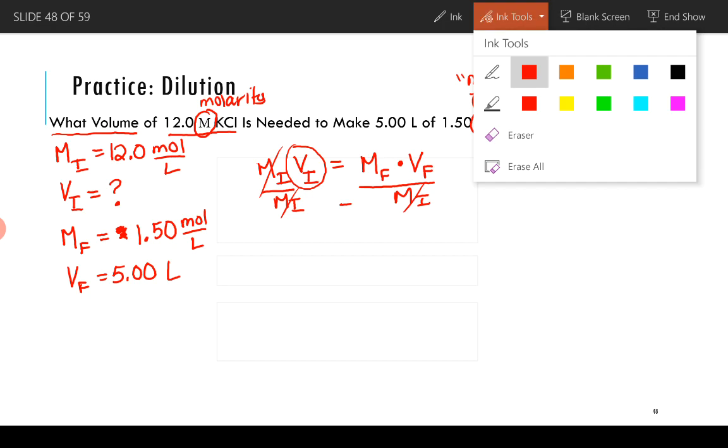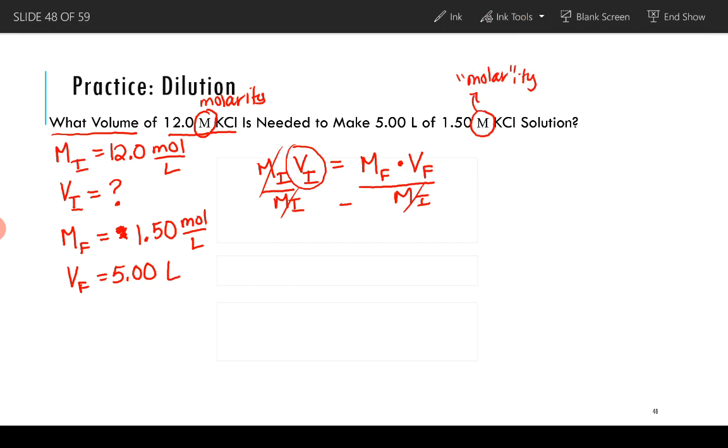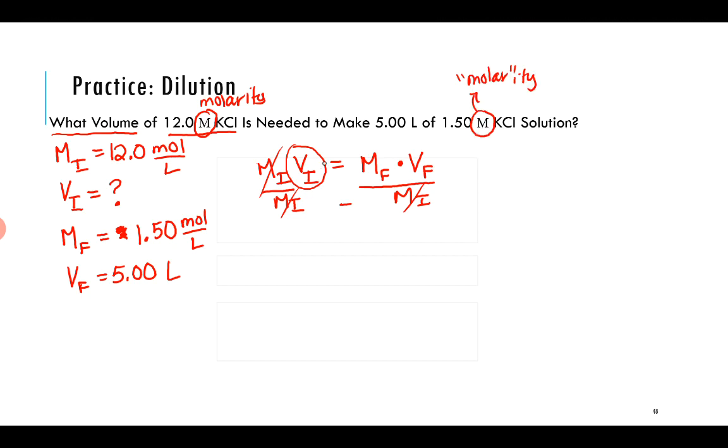Okay, there's not an undo. So that's going to simplify to V initial is equal to M final times V final divided by M initial. I did not mean to cross that out.